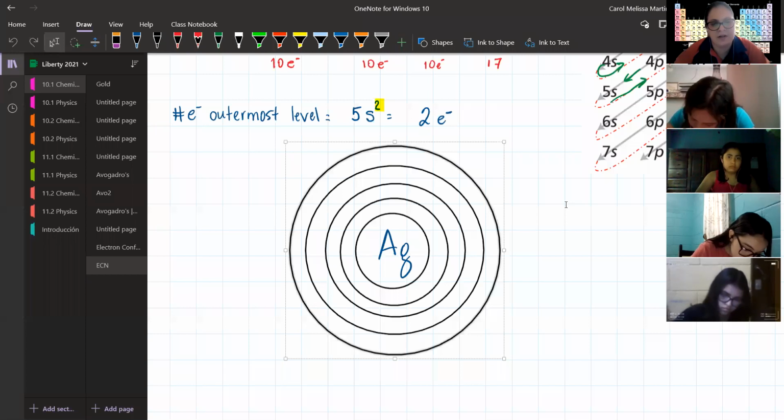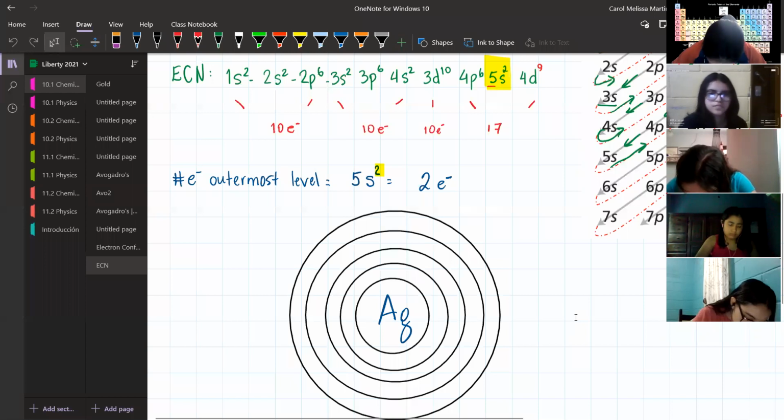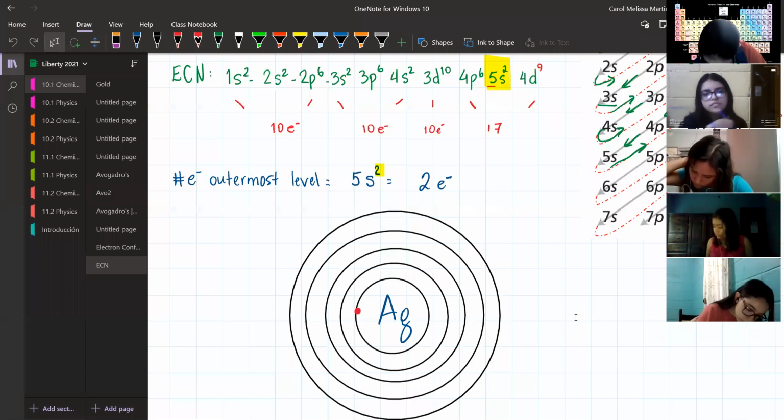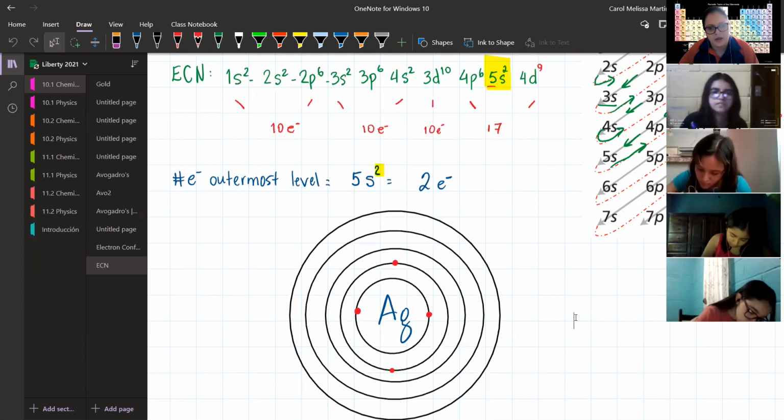So in the first ring, how many electrons do you need to put? 2. Okay, in the first one, 2 electrons. In the second one, 8. So 1, 2, 3, 4, 5, 6, 7, 8. Okay. And in the third one, how many electrons? 18.